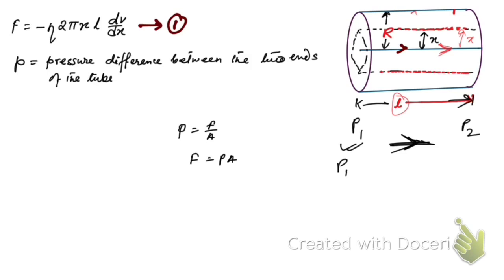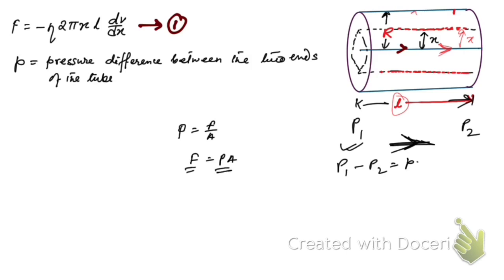The pressure difference P1 minus P2 is what we have taken as p, so the net force responsible for the flow of liquid is given by force equal to pressure into A.